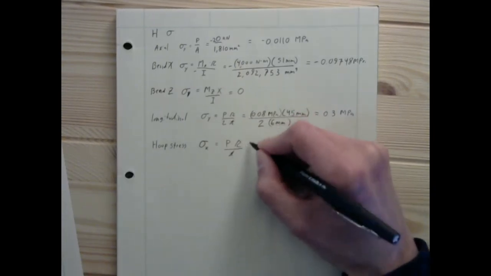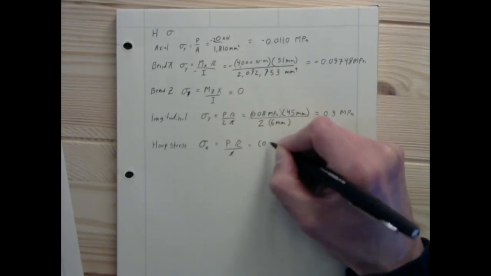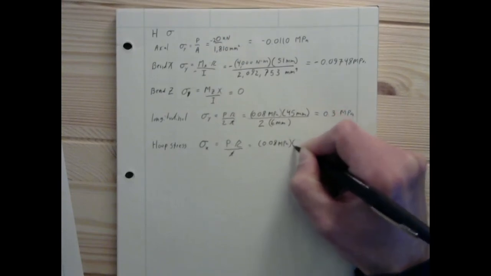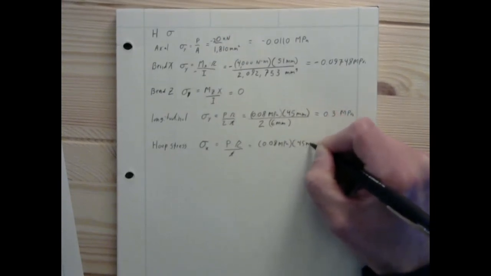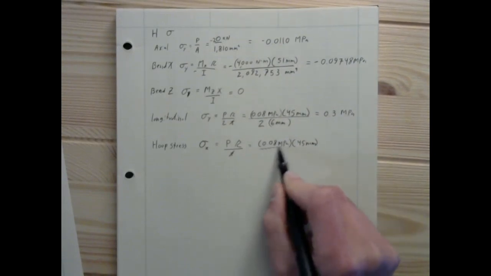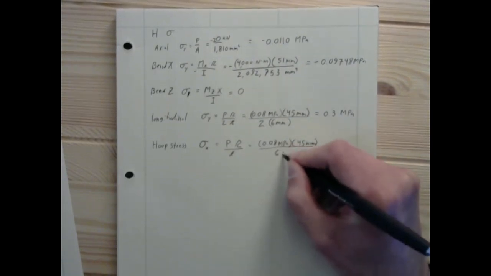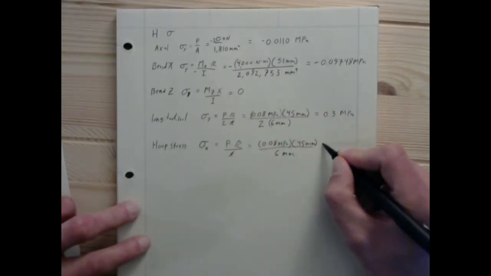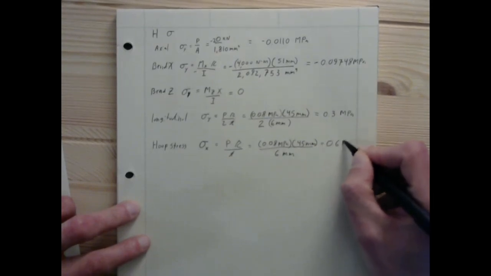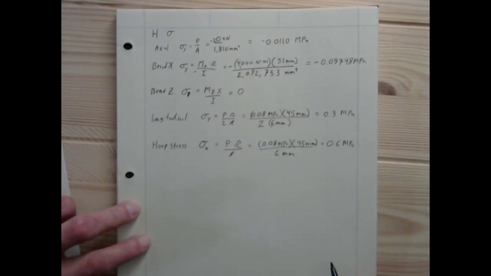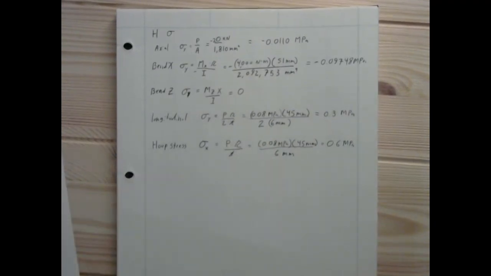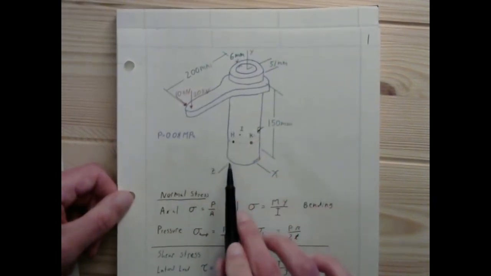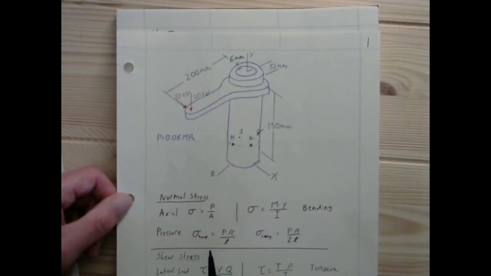In that case, it's going to be 0.08 megapascals, that's the pressure, times 45 millimeters divided by 6 millimeters, and would you believe that it ends up being 0.6 megapascals. Also tensile, but this one in the x direction, not the y direction, which is what we were dealing with for all the other ones.